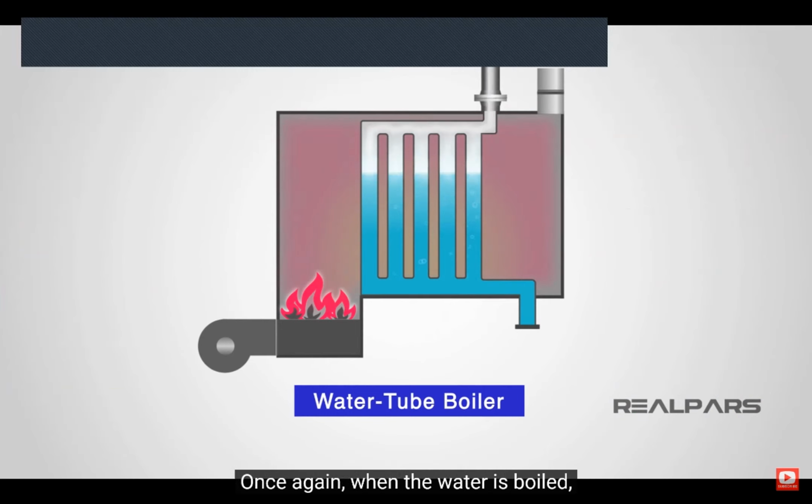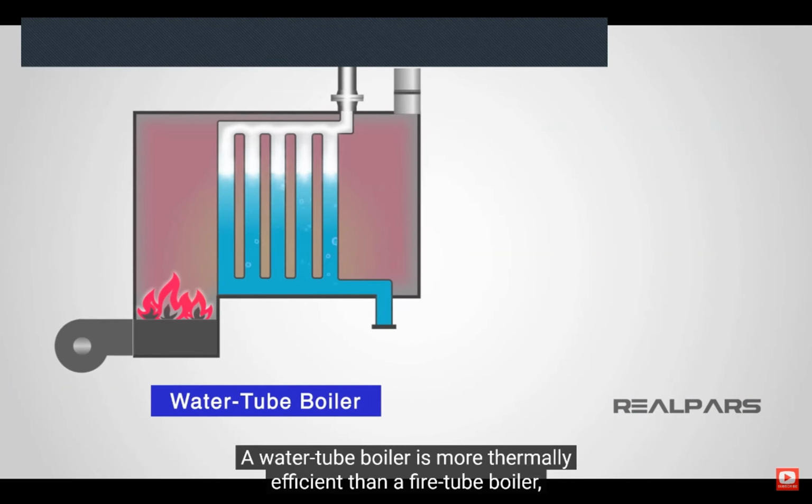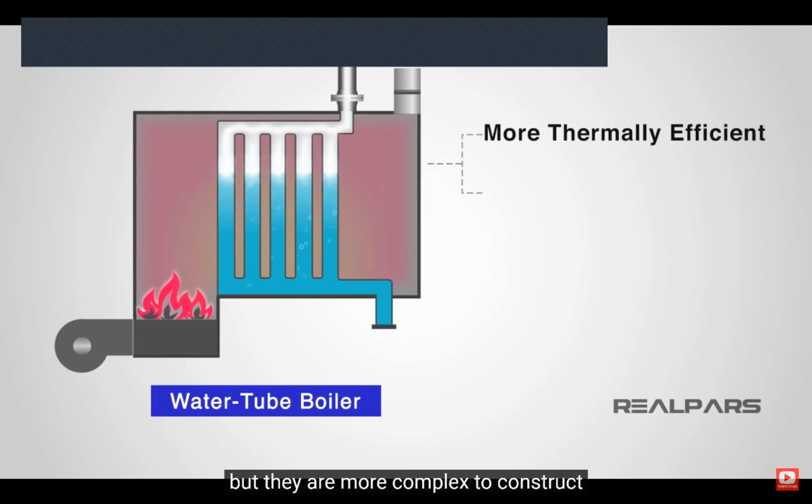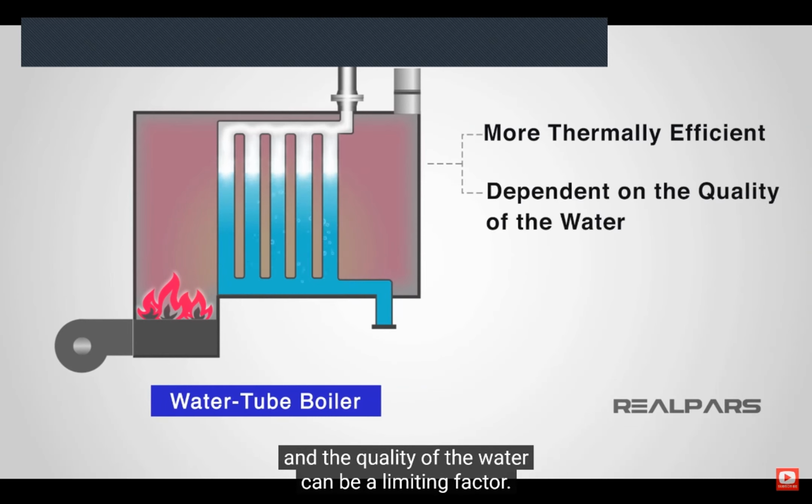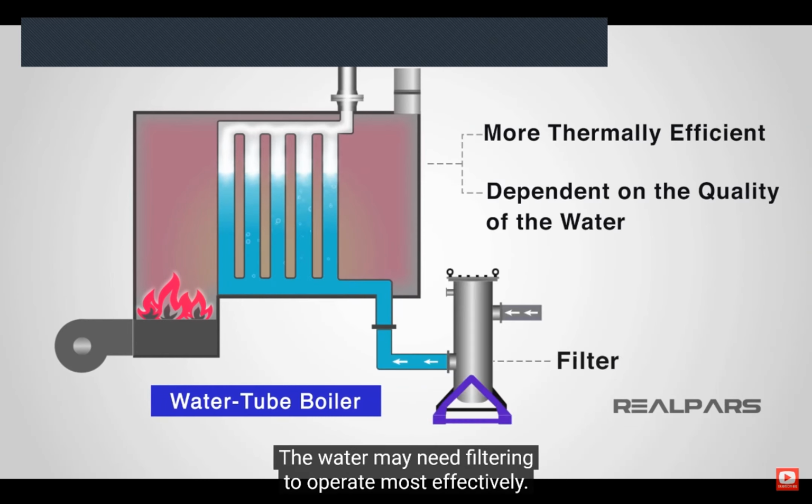Once again, when the water is boiled, steam is generated and moved downstream. A water tube boiler is more thermally efficient than a fire tube boiler, but they are more complex to construct, and the quality of the water can be a limiting factor. The water may need filtering to operate most effectively.